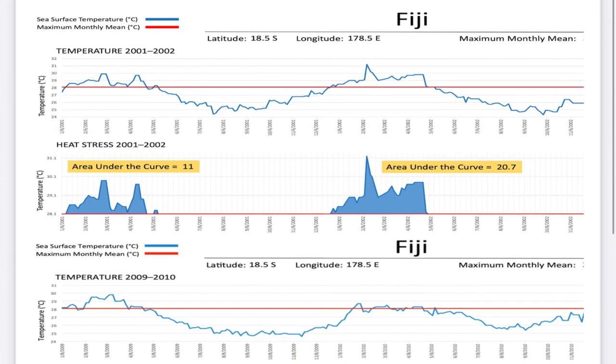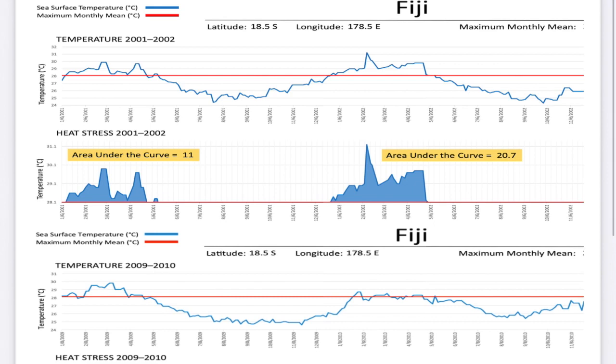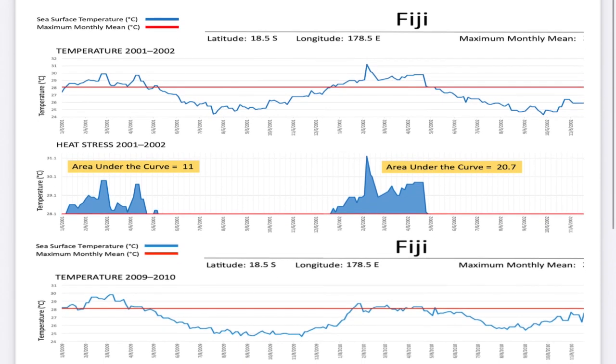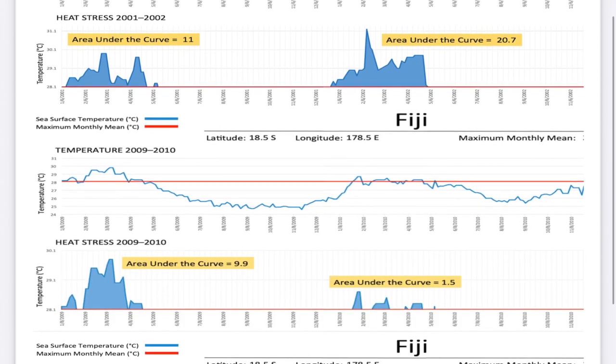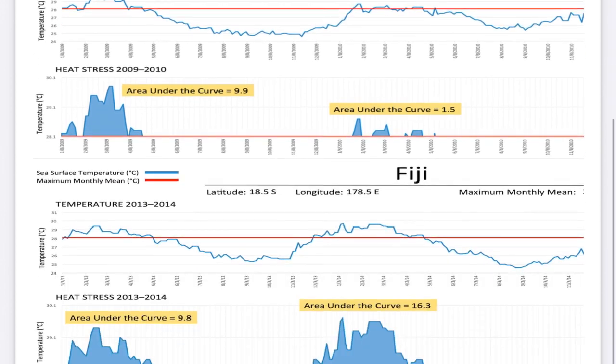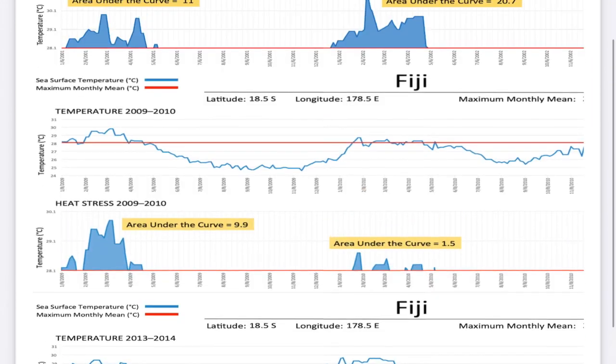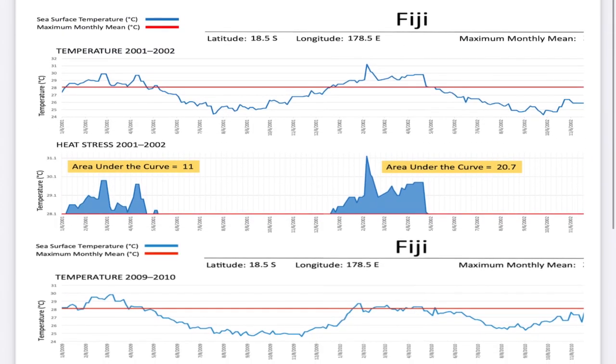When you download this, I put it into my Google Drive, and so here is Fiji. What I get here is a temperature profile for 2001 to 2002, and what the water temperature was during that time period. And then you have 2009 to 2010 and 2013 to 2014.